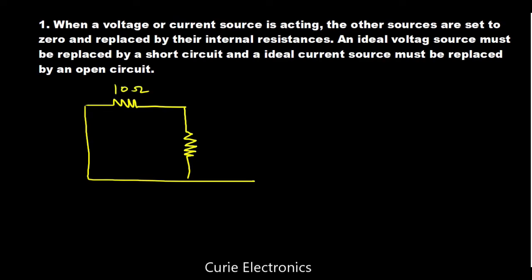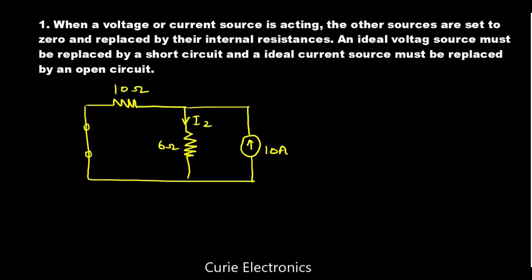Here we have replaced the voltage source with a short circuit, that is its internal resistance. This is 10 ohm, 6 ohm, then we have the current source. Let's take this current as I2. Now we have to find I2, which is due to this current source.